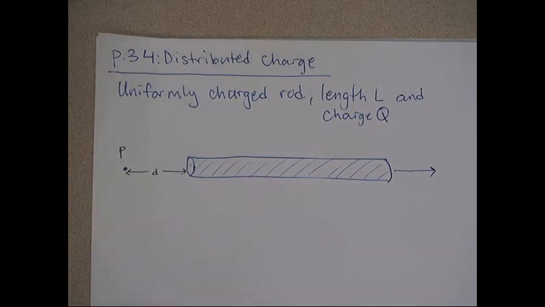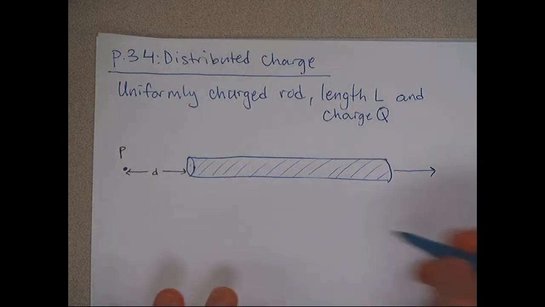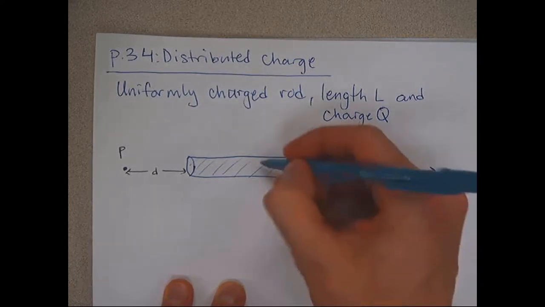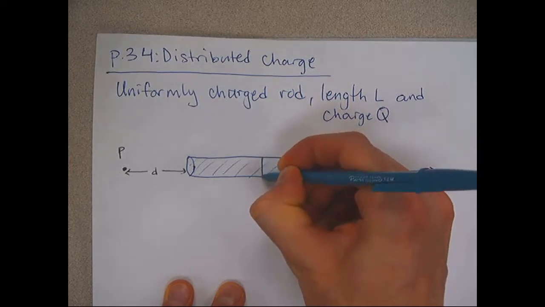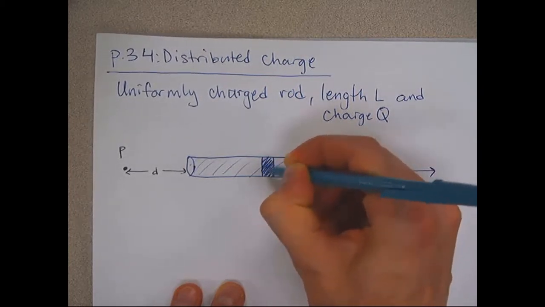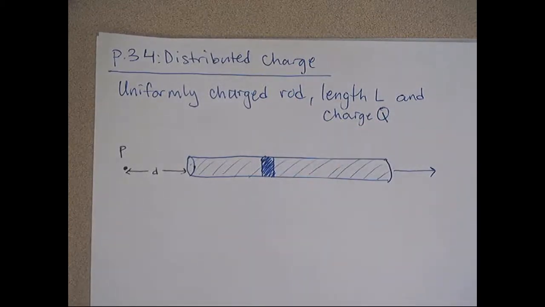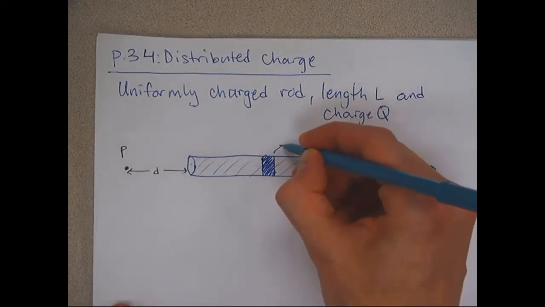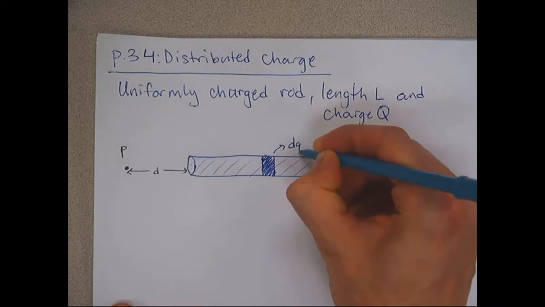So step one of your problem-solving process on page 33 dictates that you draw this picture and you label some chunk of charge. So I'll take this chunk here. You're going to label it dq.